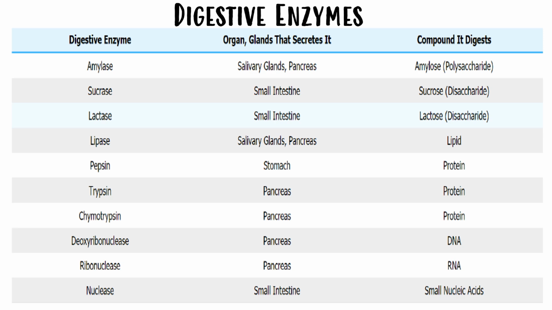Now, this table gives us a summary of the discussion that we have had earlier about the different enzymes, the organs or glands that secrete them, and the compounds they are digesting.